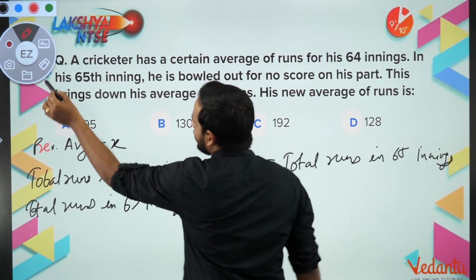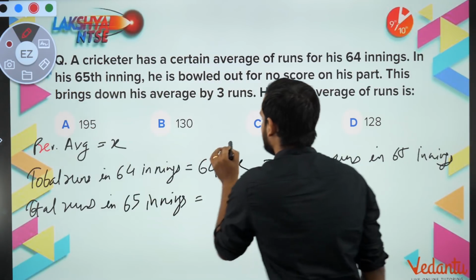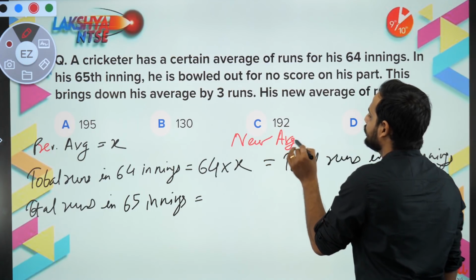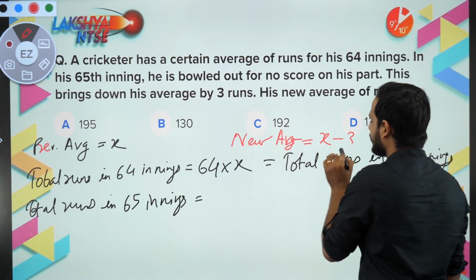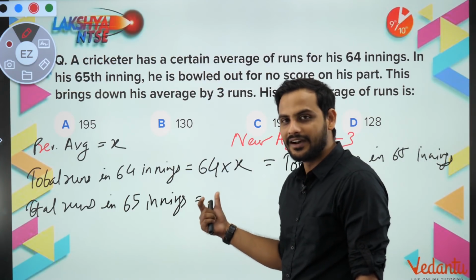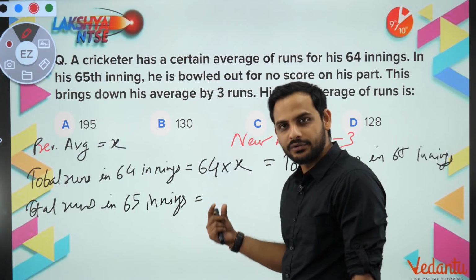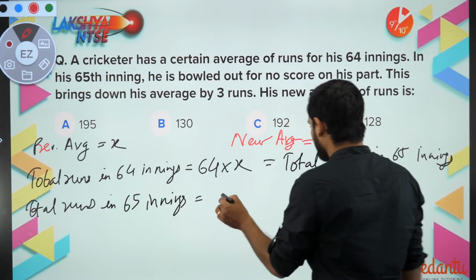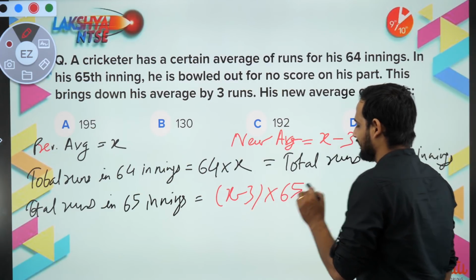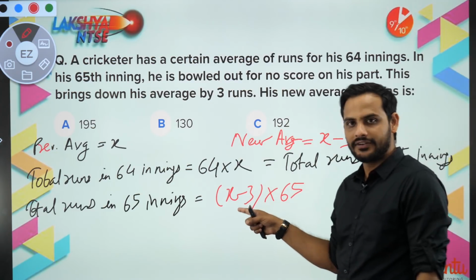This means my new average will become X minus 3. So the total runs in 65 innings, sum of values is equal to average into number of values. So average is here X minus 3, and into how many innings? 65 innings.